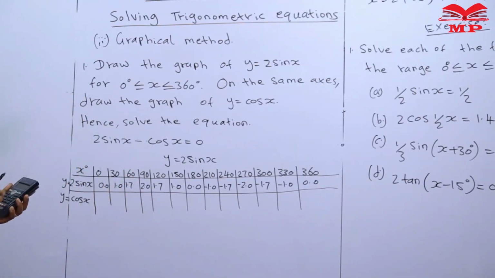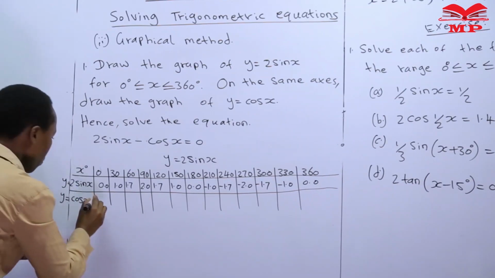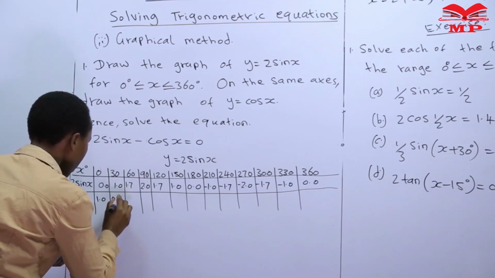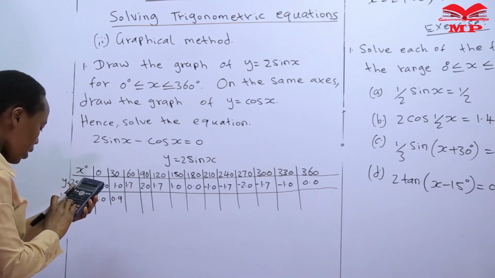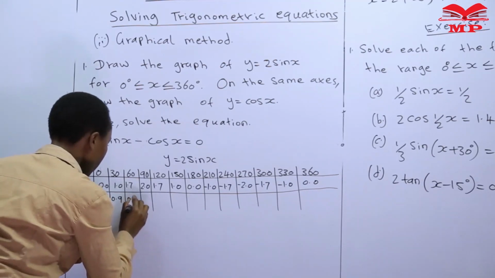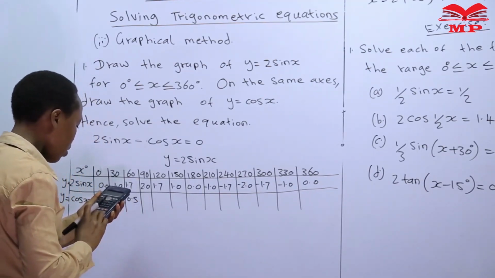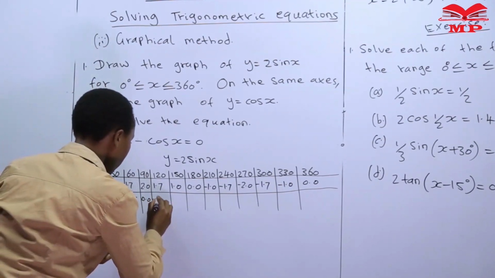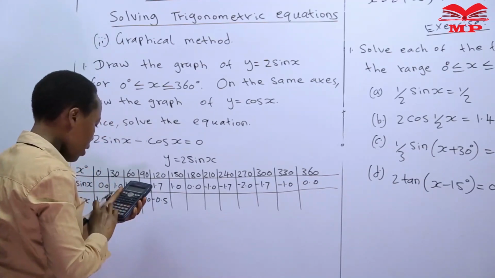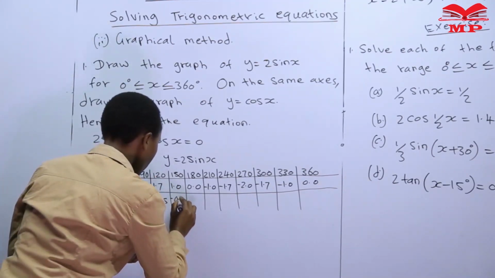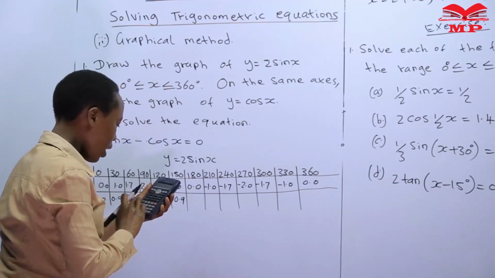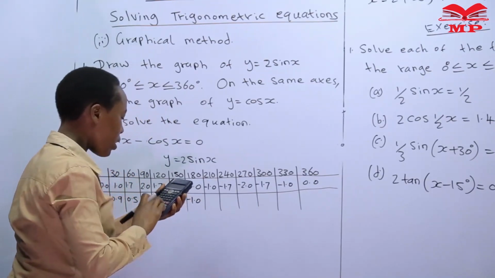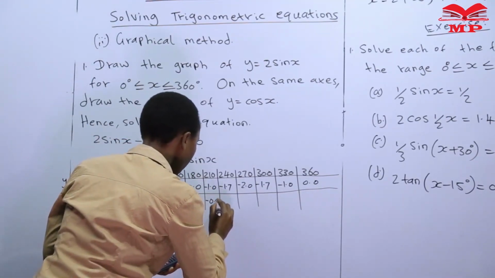Then we have cos x. Cos 0 is 1. Cos 30 is 0.9. Cos 60 is 0.5. Cos 90 is 0. Cos 120 is -0.5. Cos 150 is -0.9. Cos 180 is -1. Cos 210 is -0.9.